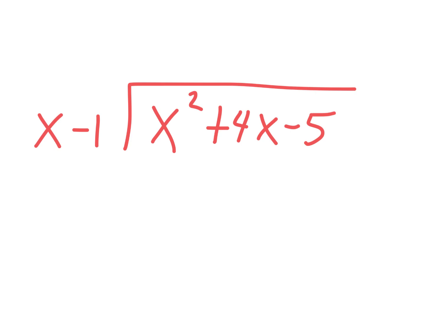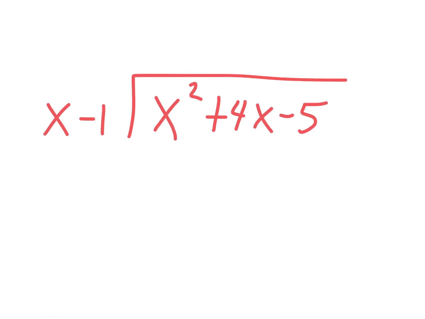So why don't we actually start with long division on this one? And then we'll do synthetic, where you put the 1 here. Remember, it's what makes this equal 0. It's not the copy of what's there. It's the root of what's there. So we'll do synthetic later, but let's start with long division.